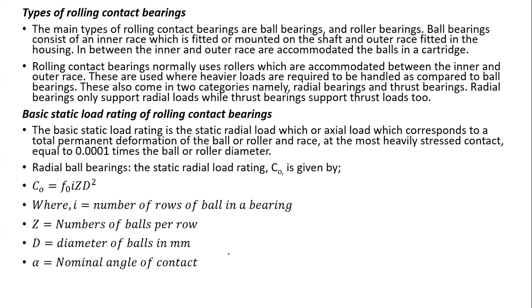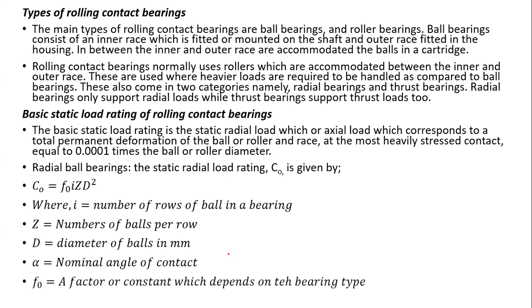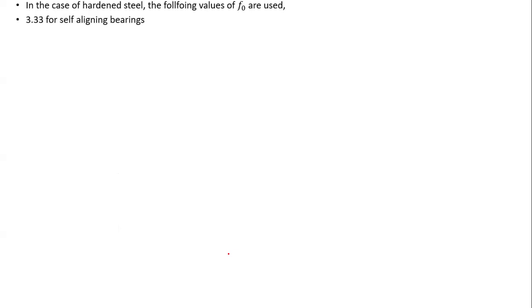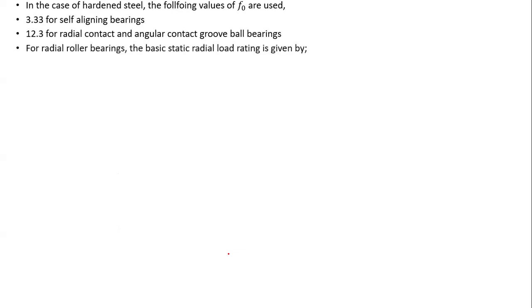Alpha, nominal angle of contact. F0 is another constant, which normally depends on the type of bearing you're dealing with. So for hardened steel ball, that constant F0 is 3.33 and 12.34 radial for angular groove bearings.